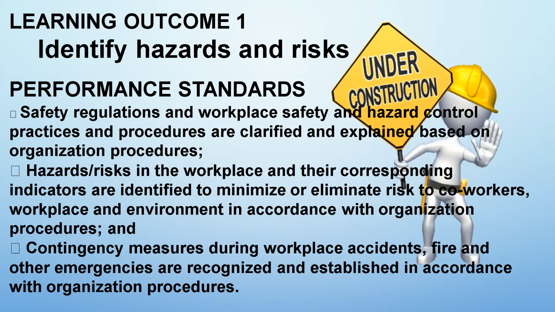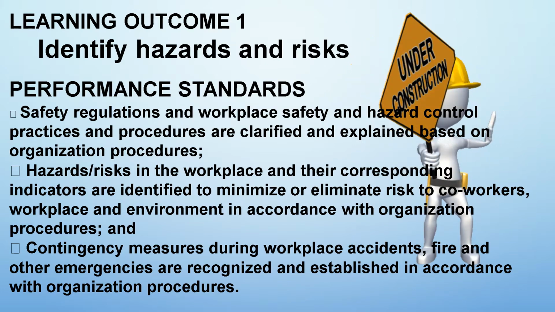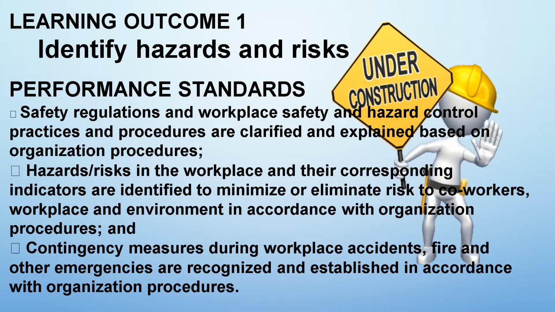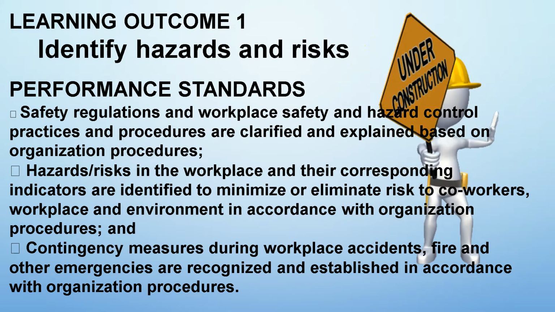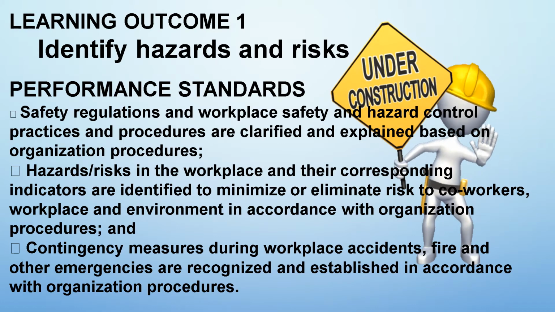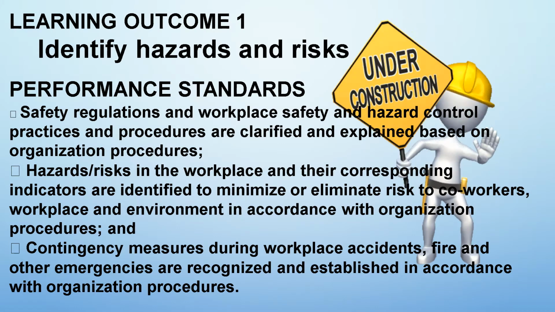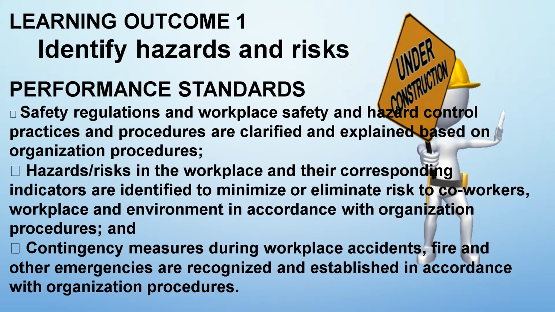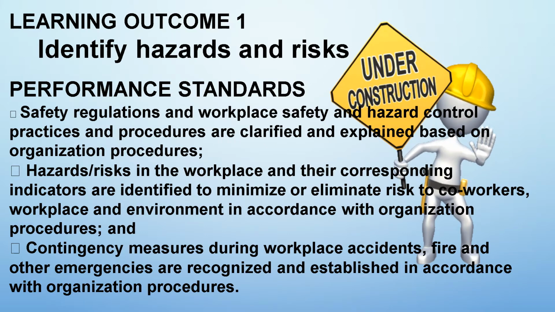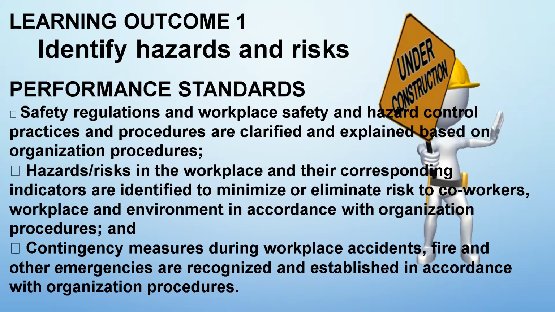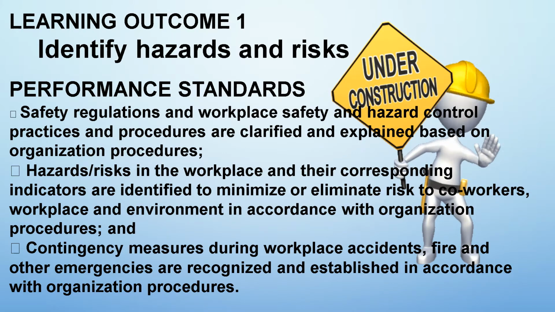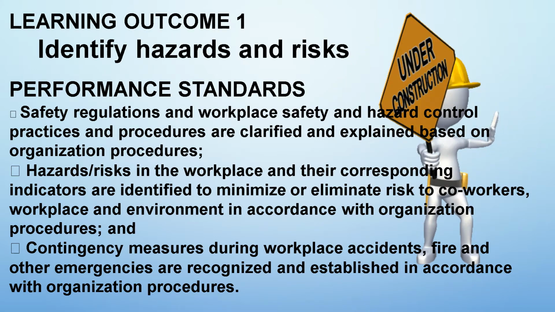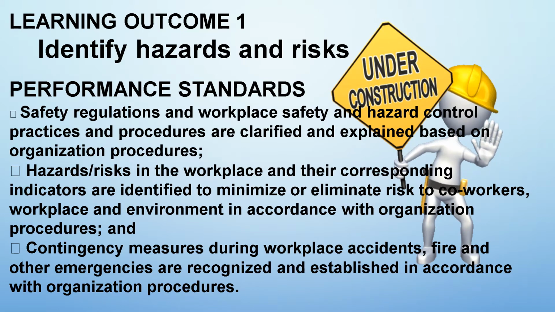There are 3 performance standards for this morning. First, you have safety regulations and workplace safety and hazard control practices and procedures are clarified and explained based on organization procedures. Second, hazards arising in the workplace and their corresponding indicators are identified to minimize or eliminate risk to co-workers, workplace, and environment in accordance with organization procedures.